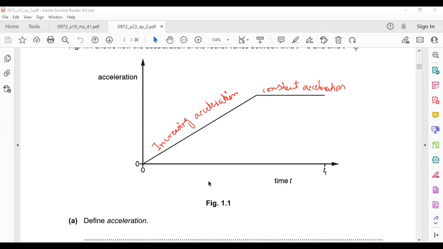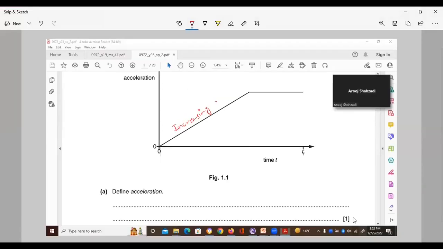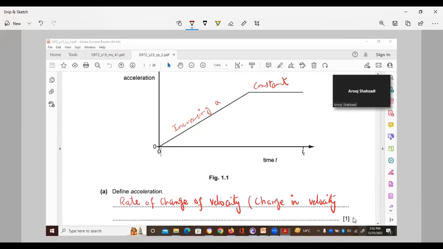So here we have the first question, define acceleration. As I told you, this is increasing acceleration and this is constant acceleration. So define acceleration: it will be rate of change of velocity, or change in velocity per unit time.